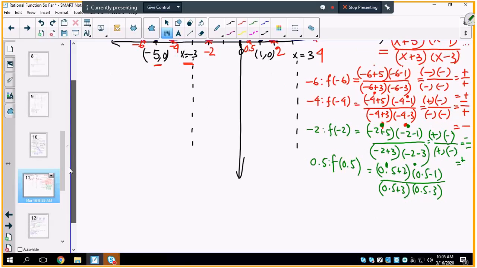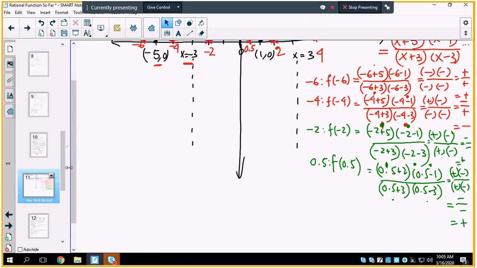So for this one, I see this sign is positive, this sign is negative, this sign is positive, this sign is negative, just like the last one. So it remains negative over negative, hence positive.